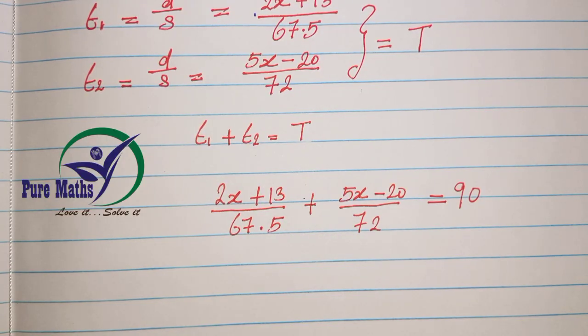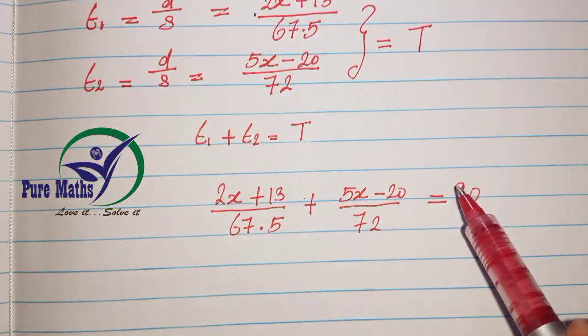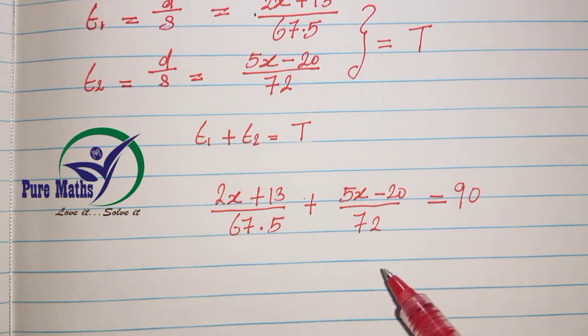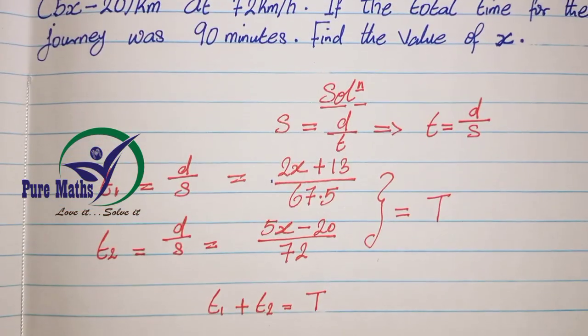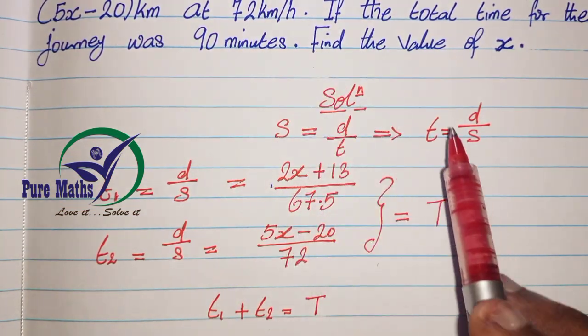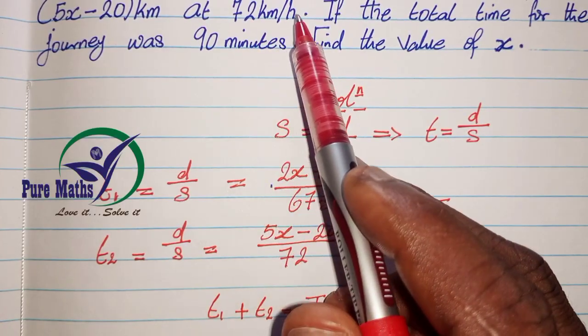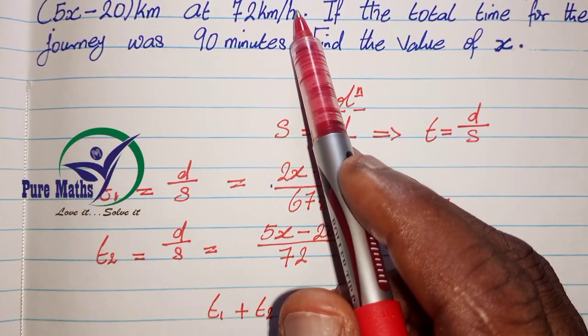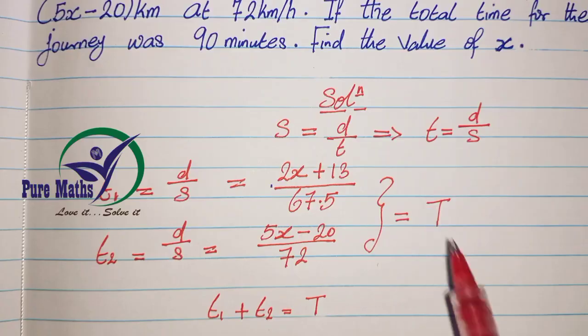Now if you notice, the time T, which is 90, is given in minutes, and over here our speed is per hour.